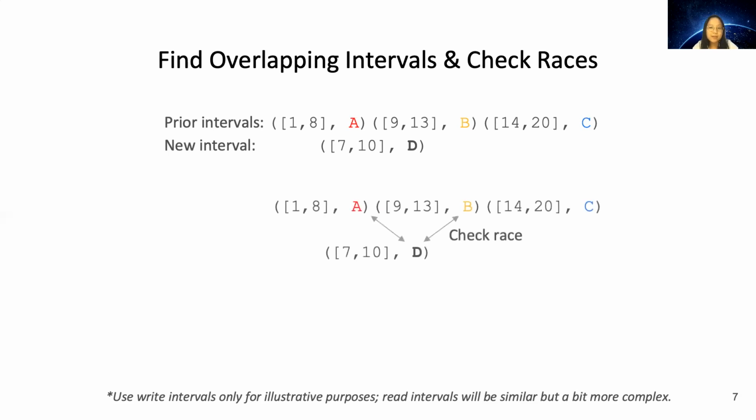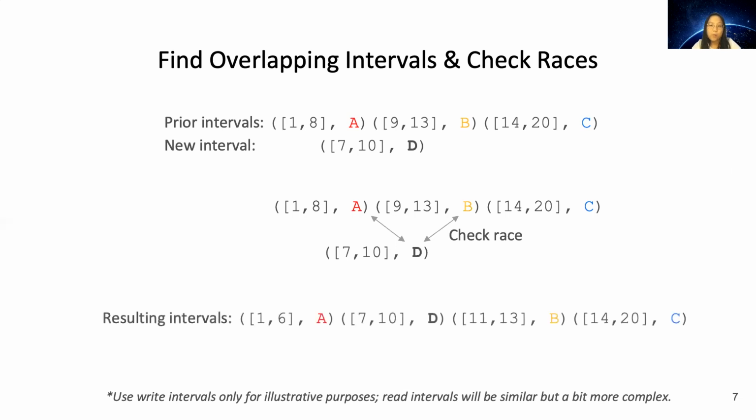To update the set of prior intervals with interval D, we first find all overlapping intervals. In our case, we have intervals A and B. Then, we check races between A and D, and between B and D. If there is a race, we report it, and the program terminates.